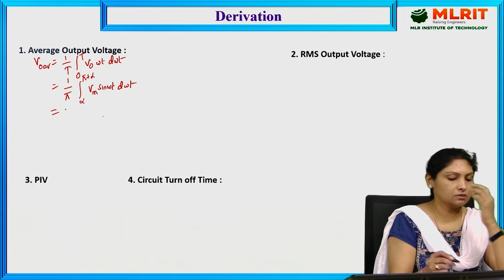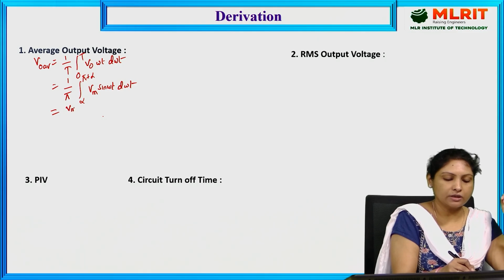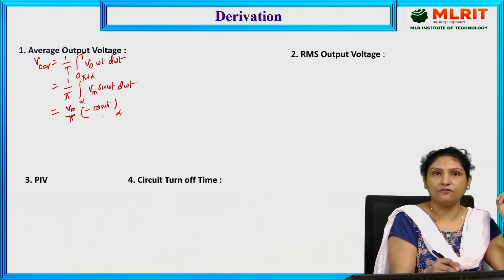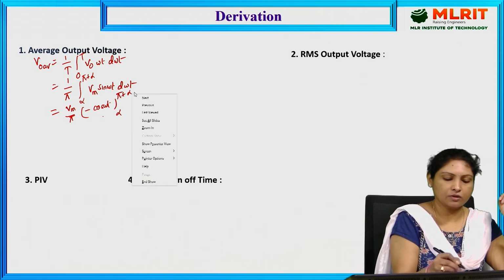Here Vm is constant, bringing it out, Vm by pi, and the integration of sin omega t is minus cos omega t within the limits alpha to pi plus alpha.